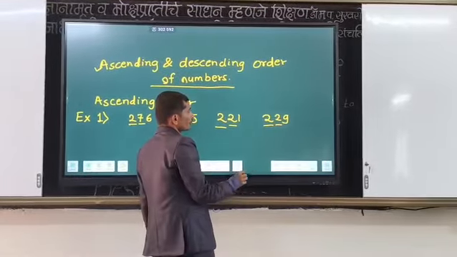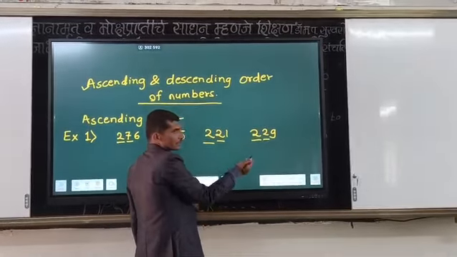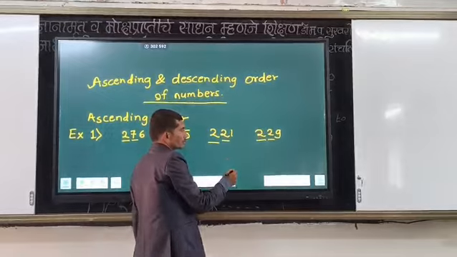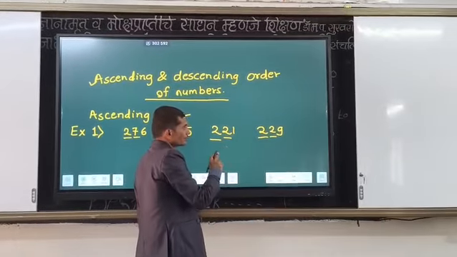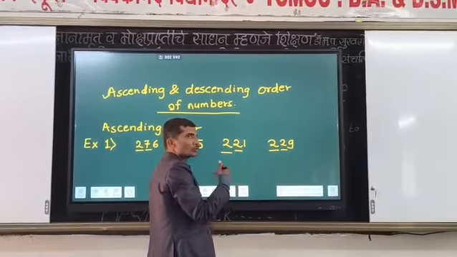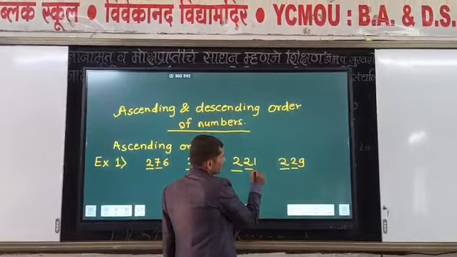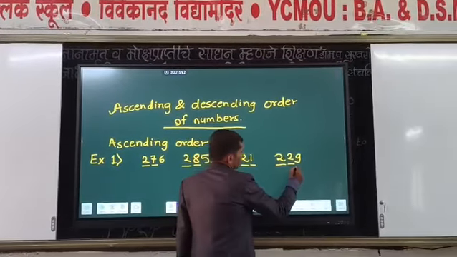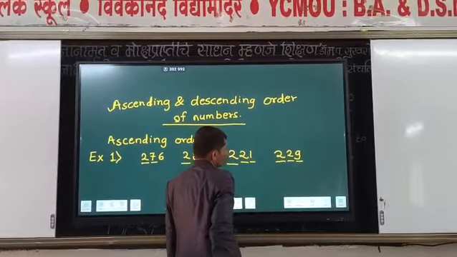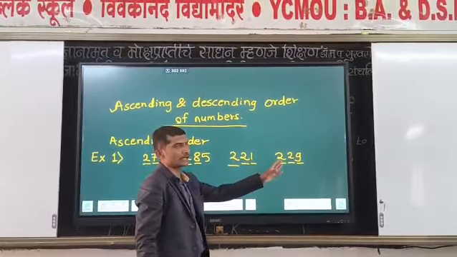Okay, so what we have to do, we will move towards the next digit in these two numbers. We can't compare two similar digits, so that's why we have to move towards the next digit. Okay, so the next digit is 1 here and the next digit is 9 here. So we can compare 1 and 9.